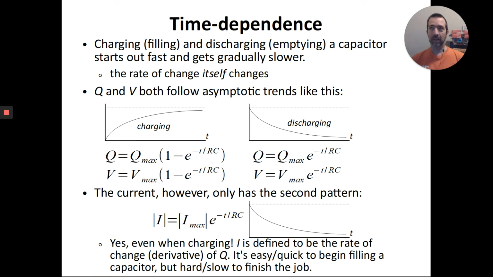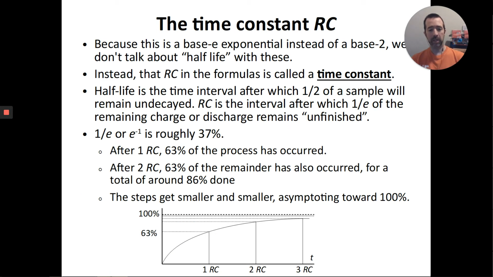And it's kind of analogous to a half-life in some ways. It's a little bit more complicated because this is a base E function instead of a base 2 function. The name of this quantity is the time constant. So when it comes to half-life, after that amount of time has elapsed, that tells you that in your radioactive sample, 1 over 2 is left over of your sample. 1 over 2 of however much you started with.